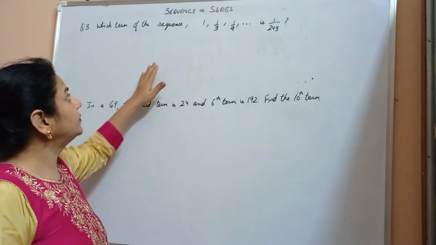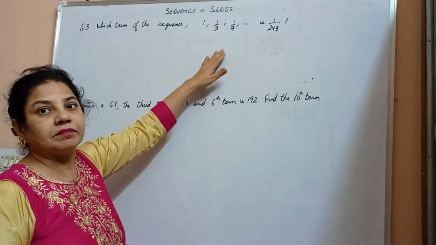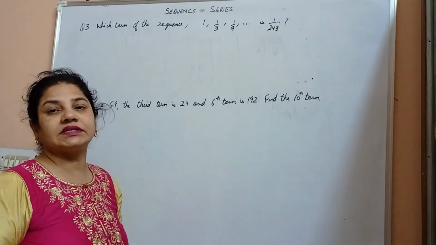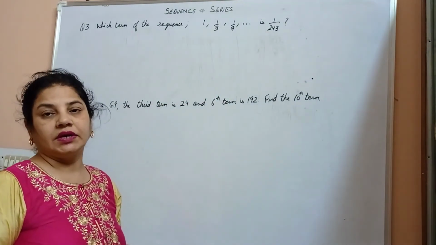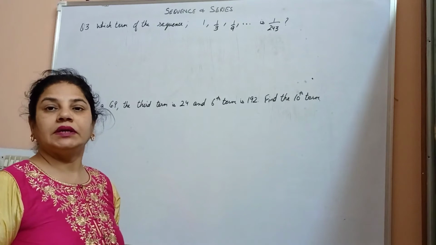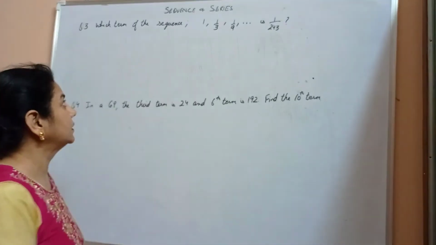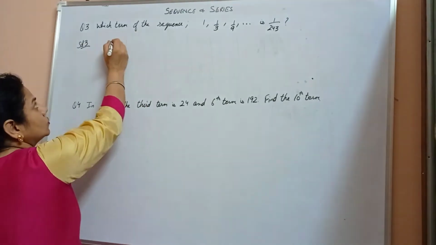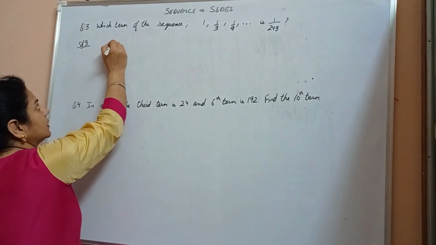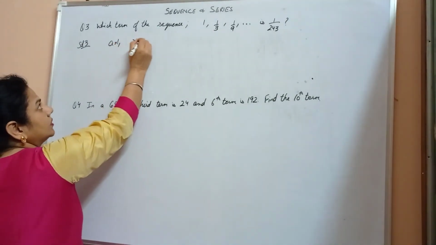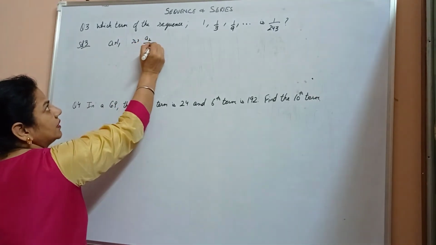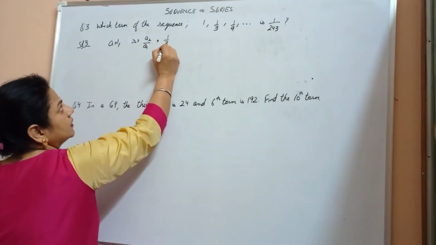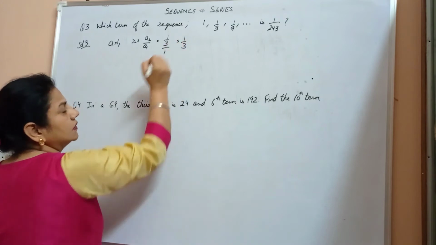Which term of the sequence 1, 1 by 3, 1 by 9 and so on gives the result 1 upon 243? That means we have to calculate the number of terms, n. In this particular case, as the sequence is in GP, our first term is 1 and the common ratio is the second term divided by the first term, 1 by 3 divided by 1, which is equal to 1 by 3.